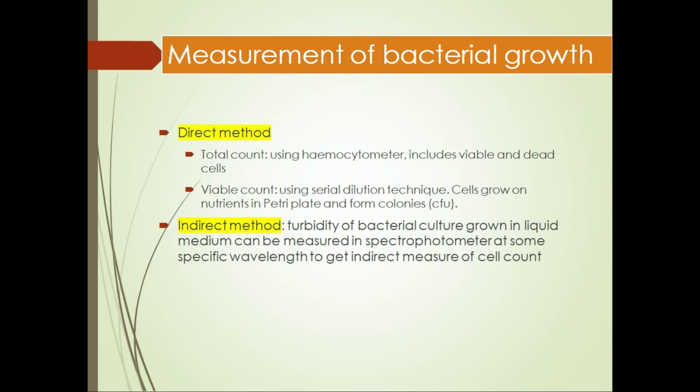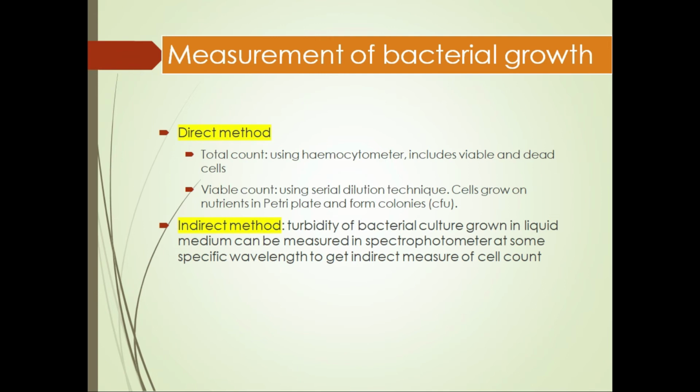How to measure the growth of bacteria? As we said earlier, growth of bacteria means increase in the number of bacterial cells. The number of cells can be measured in two ways. One is direct method, another is indirect method. In the direct method, we can do in two ways. By having a total count of the bacteria using a haemocytometer.